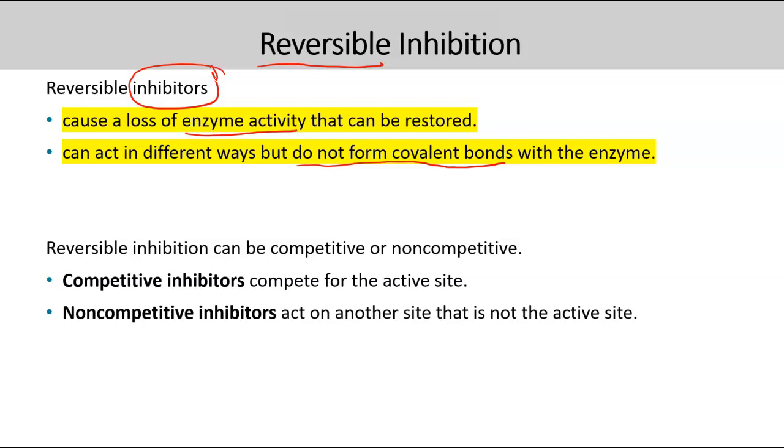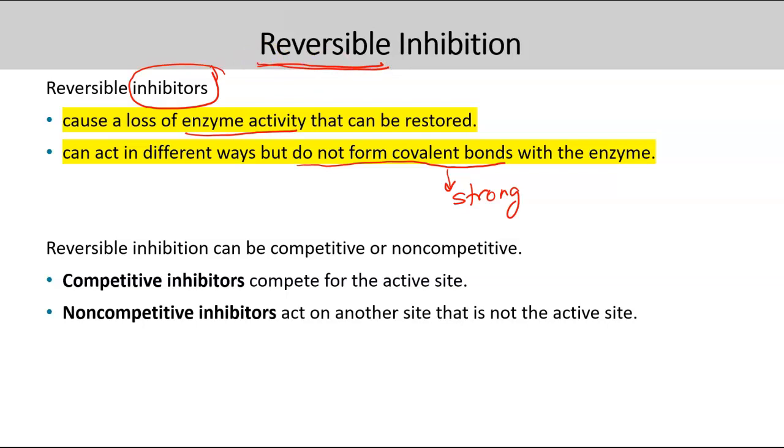Reversible inhibitors can act in different ways, but they do not form covalent bonds with the enzyme. These covalent bonds are usually strong bonds, right? Since they are not forming strong bonds, that is why this will be reversible. That's something that we can reverse.